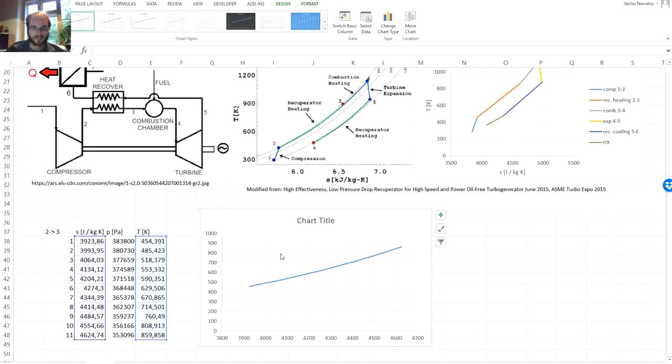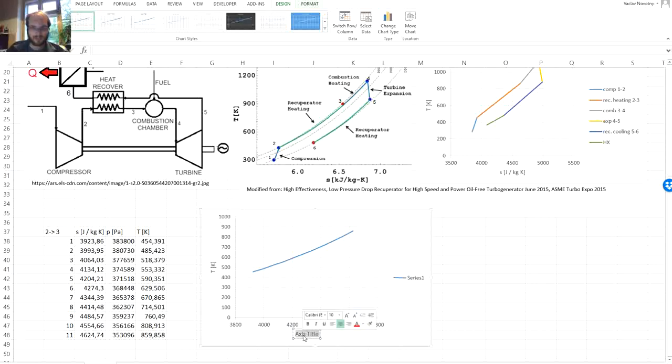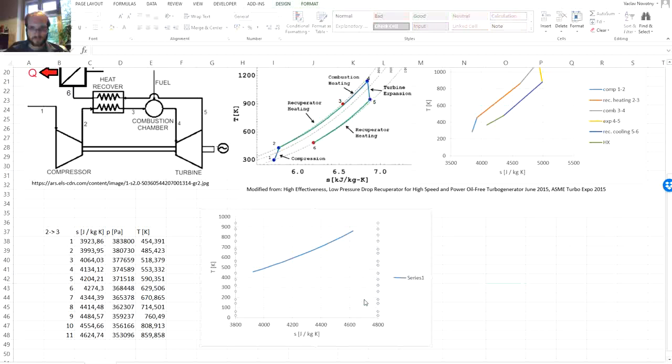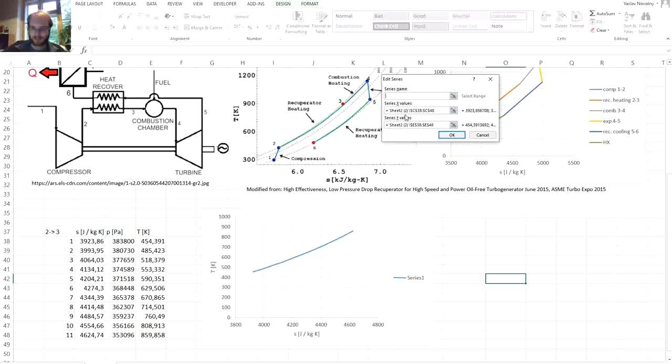Then, again, let's get some nice format for that. So we will have temperature in kelvins and unit entropy in joules per kilogram and kelvin. And this is the change to 3.